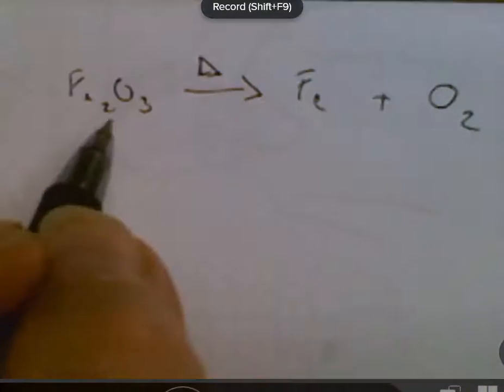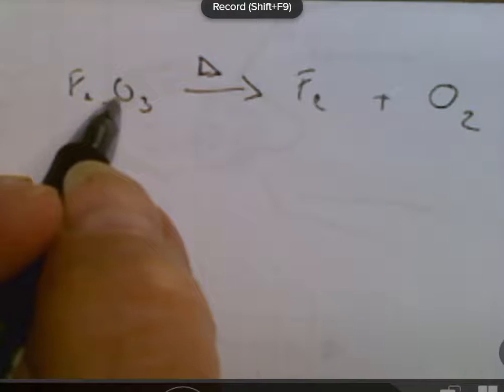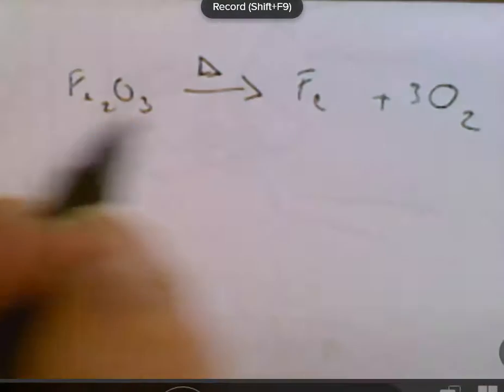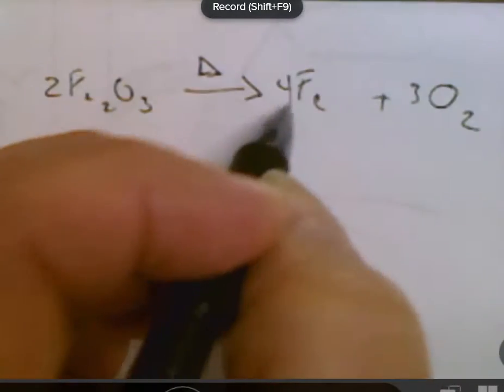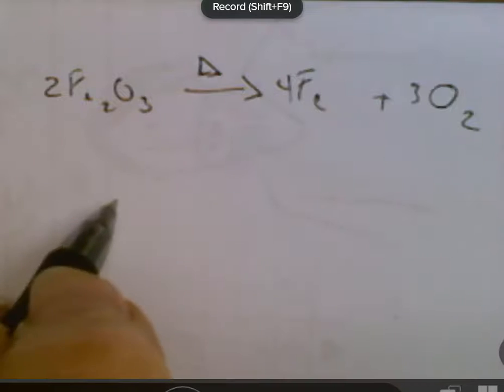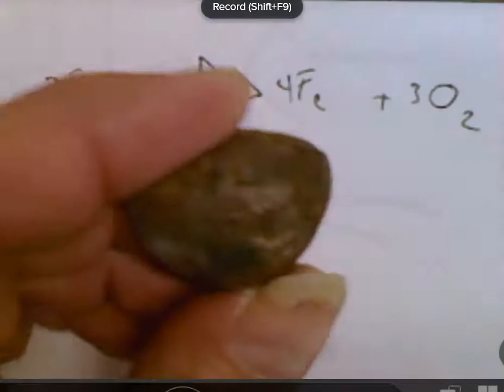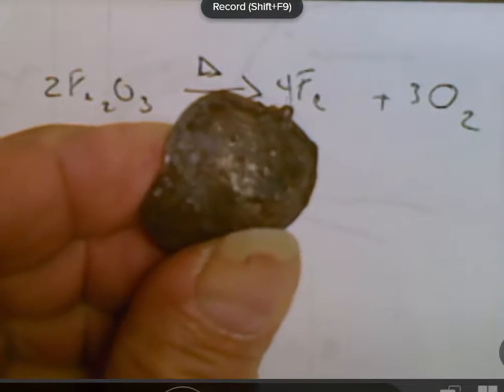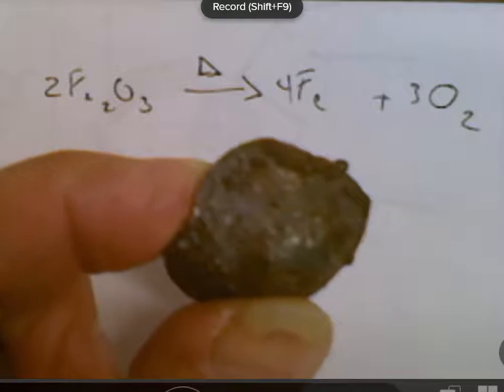So we're going to go to iron plus oxygen, and we know that we got to balance that equation out, and so I'm going to need 6 oxygens on that side, 6 on that side, and then 4 iron atoms on this side. So that's basically the reaction that we did, and lo and behold, look at what we produced. So let's say I wanted to know how many moles of oxygen that I have right here.